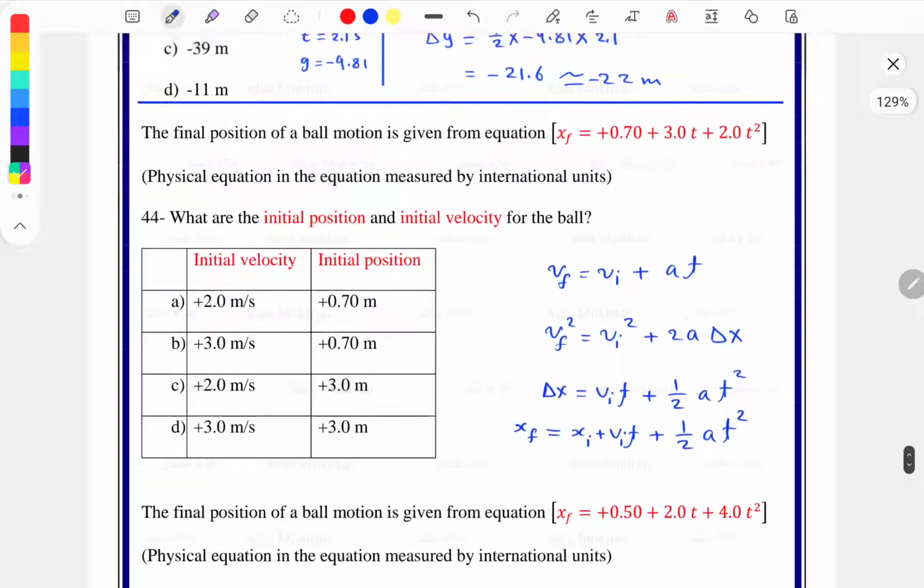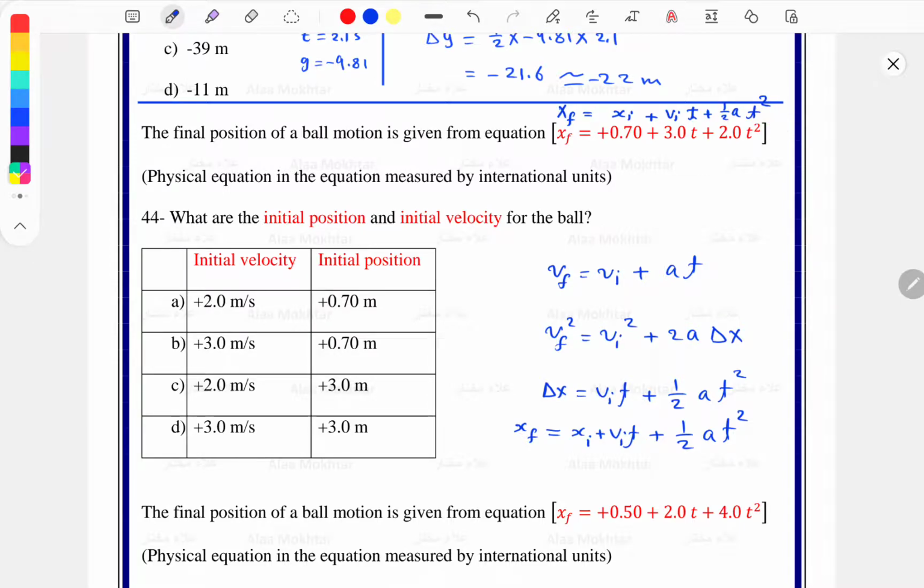Look at this equation, he wrote X final. Yes, I wrote my equation above this equation. Okay, X final equals X initial plus V initial multiplied by t plus 1/2 a t squared.